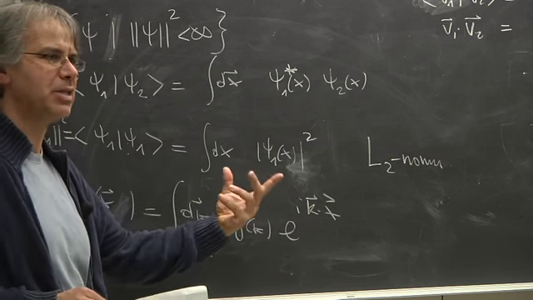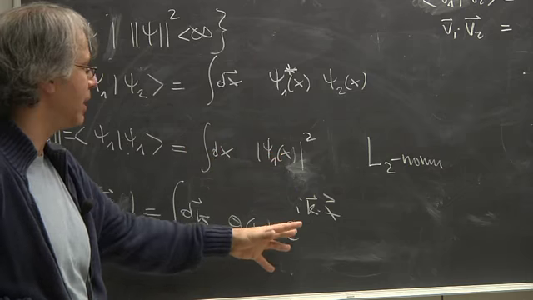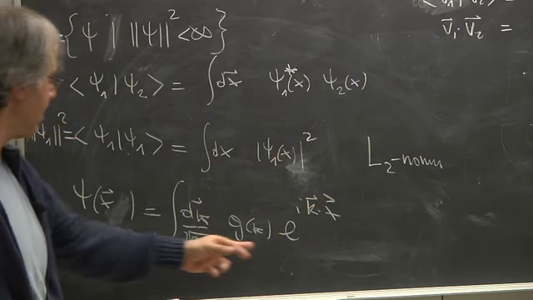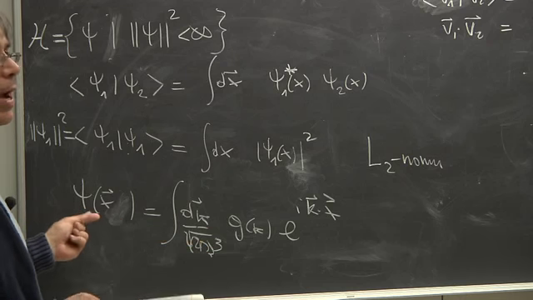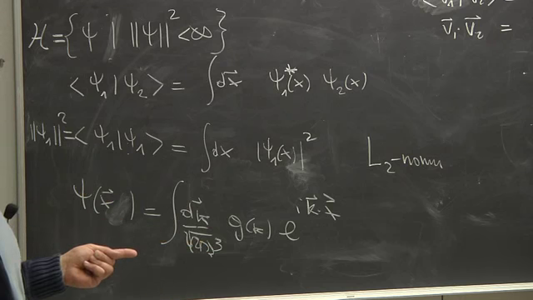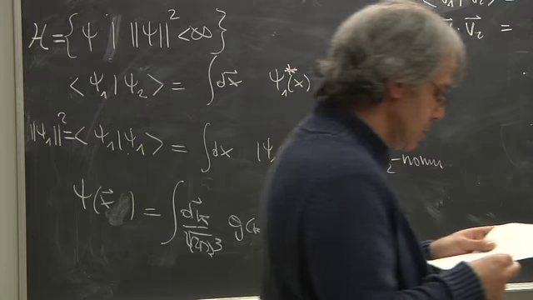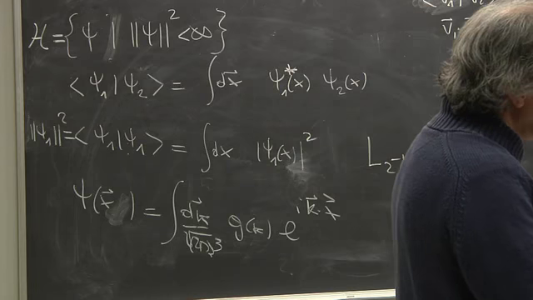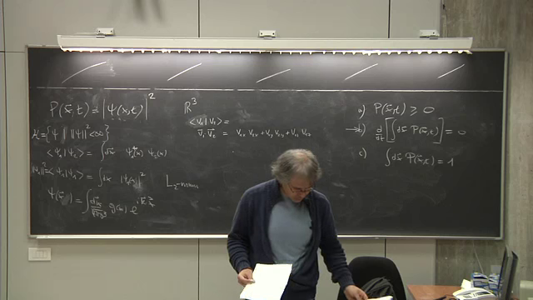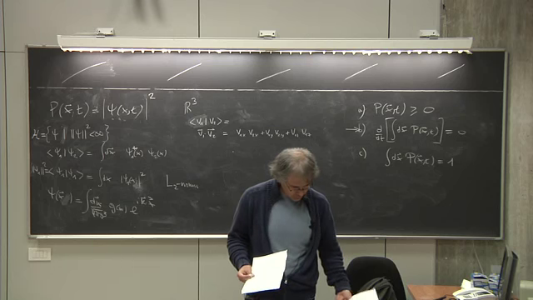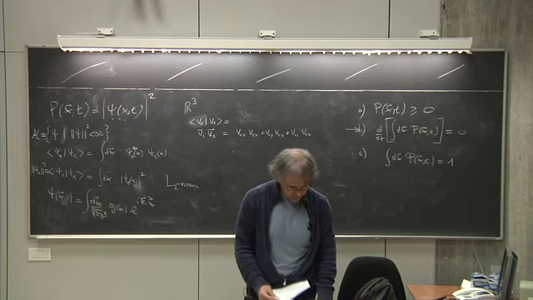Each one of them is slightly unphysical in having an infinite integral, but with them you can express in this powerful Fourier transform way any function. Well, let us proceed.